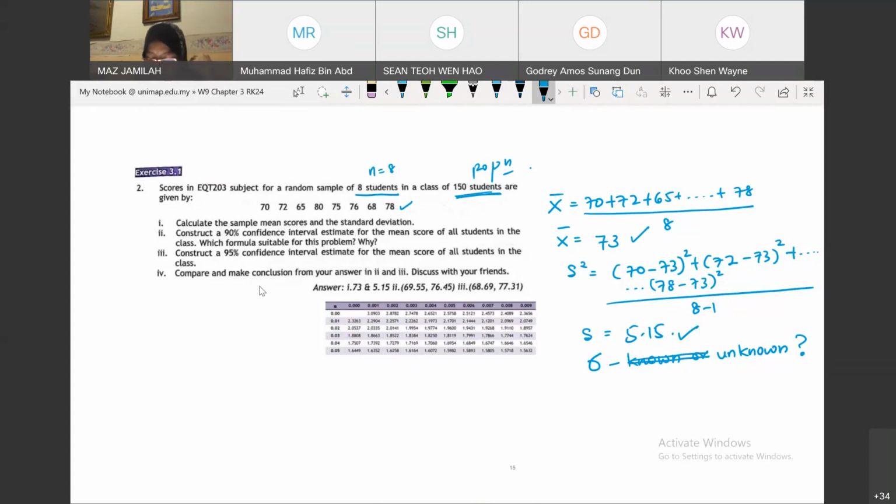If it is unknown, should we use Z, the critical value Z alpha over 2, or T alpha over 2? Which one, Z or T?